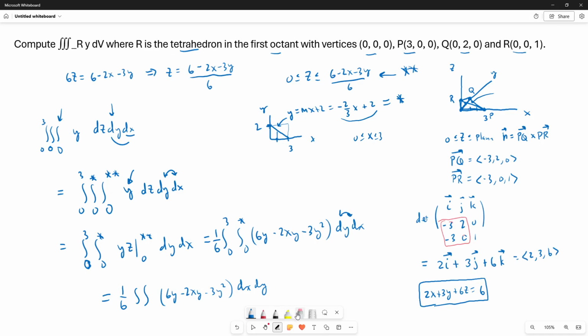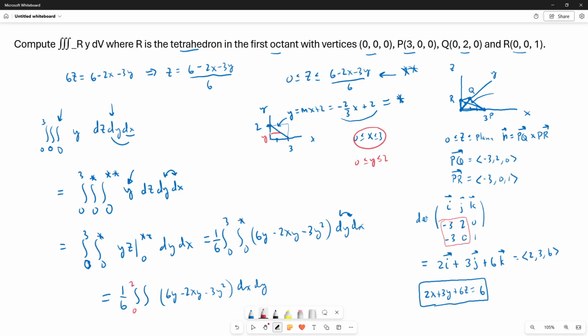So instead of using these vertical slices in the base triangle with x and y, we'll need to use horizontal slices. So for a fixed y, y is between 0 and 2. So instead of x between 0 and 3, we have y between 0 and 2. So 0 to 3 for x is going to change to 0 to 2 for y.